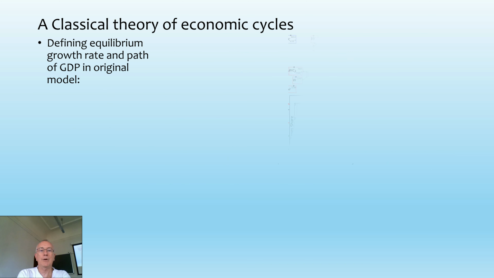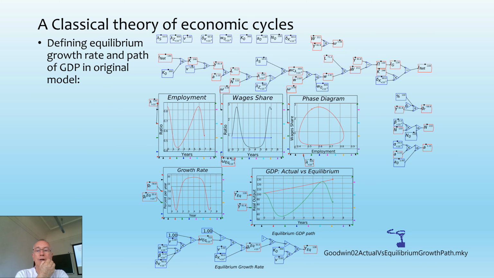I'll send you this particular model on a data stick. But once you work out the equilibrium, as I've done there in the previous step, to work out the eigenvalues, you can then say, well, if you actually happen to be at that point, what's the growth rate of the economy? It will be non-cyclical, and when you graph that system against the actual system, you find the cycles are below the equilibrium.